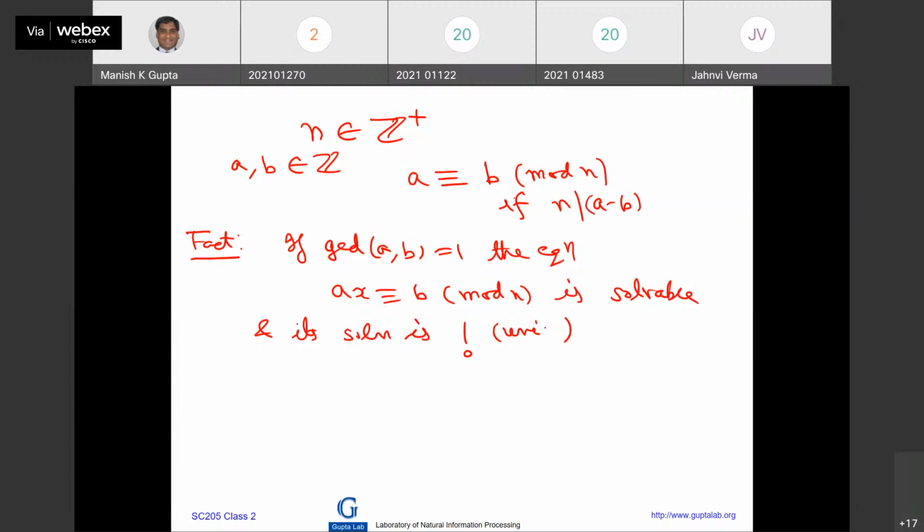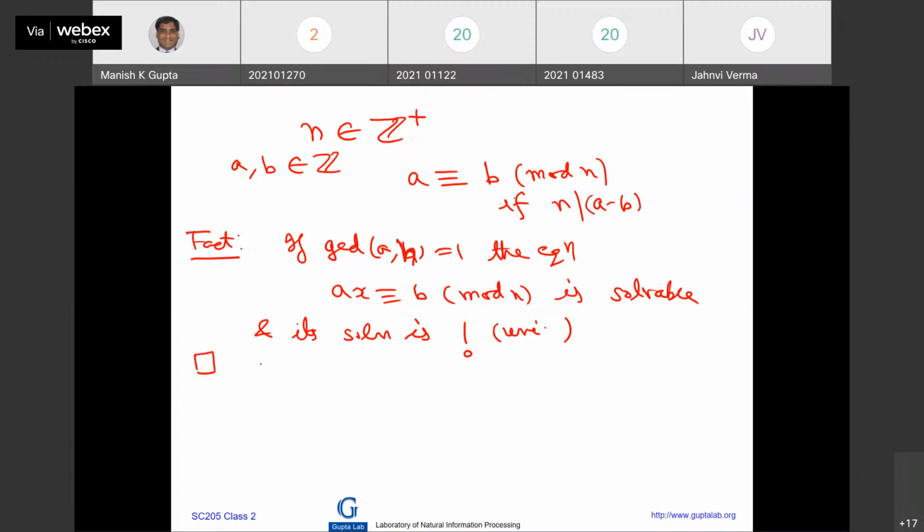Again, I use this notation for uniqueness. If GCD of A and n is 1, then AX congruent to B mod n is solvable. You can solve this equation, right? And the solution is unique. Sorry, this is n, I'm sorry. GCD of A and n, not B.